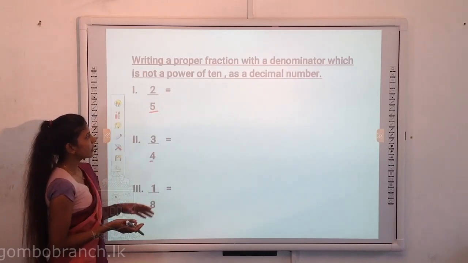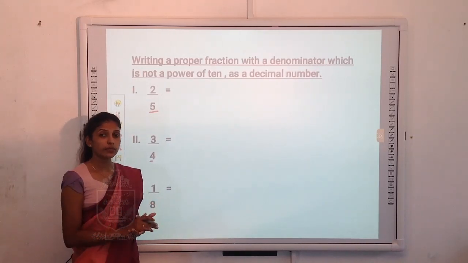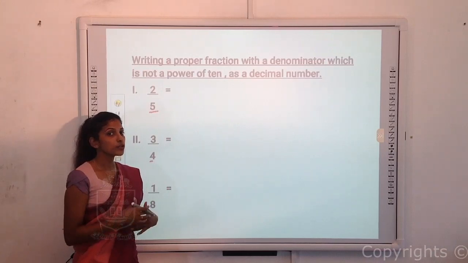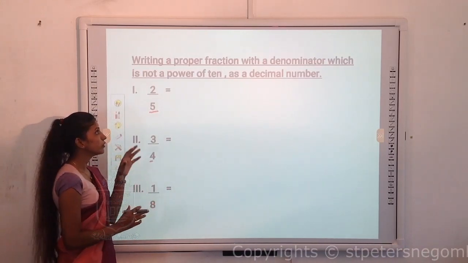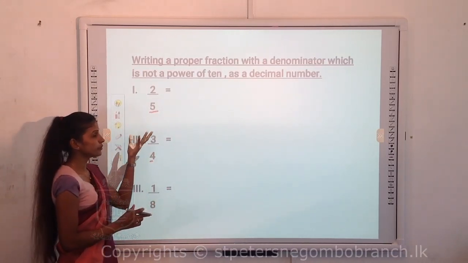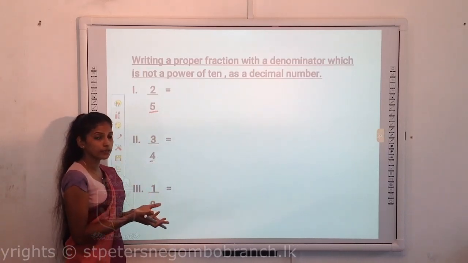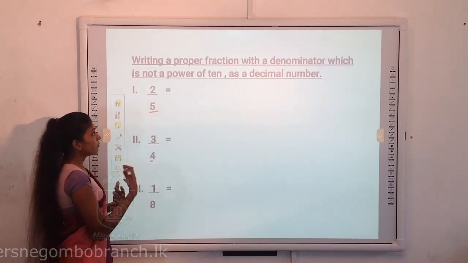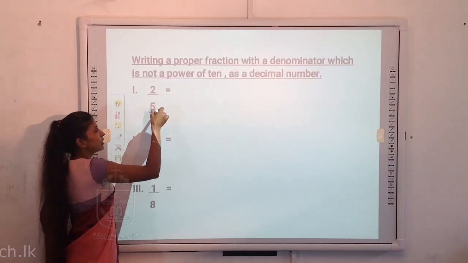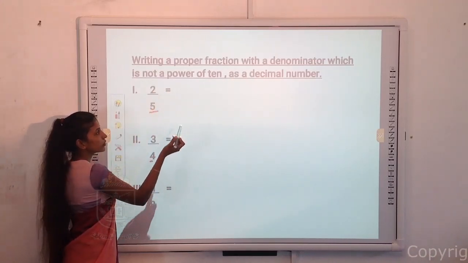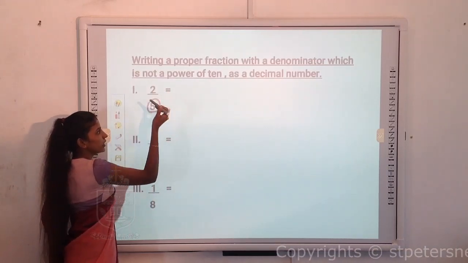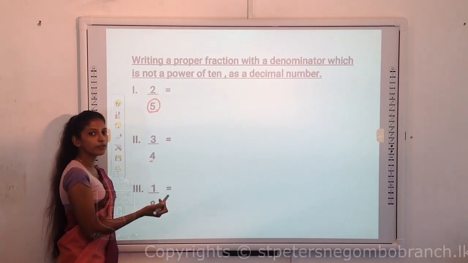In the previous lesson we had fractions, and I told you how to make equivalent fractions when you are given a fraction like this. From that theory, you have to convert this denominator 5 into a power of 10.